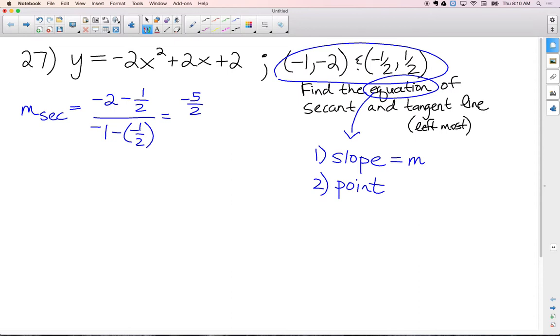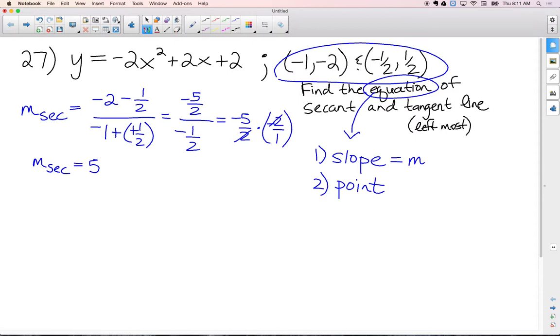Divided by, if I add 1/2 here, because it's adding the opposite, I'm going to get a negative 1/2. If I multiply by the reciprocal, it's really negative 5/2 times negative 2 over 1. The negatives cancel, the 2's cancel, and we end up with a slope of positive 5. So there's the slope of the secant line.